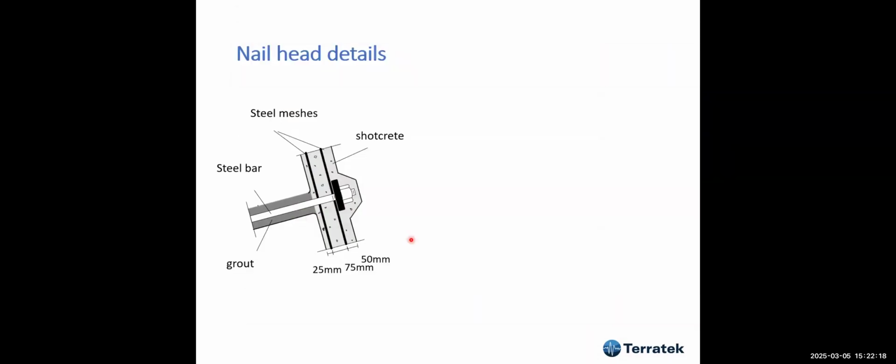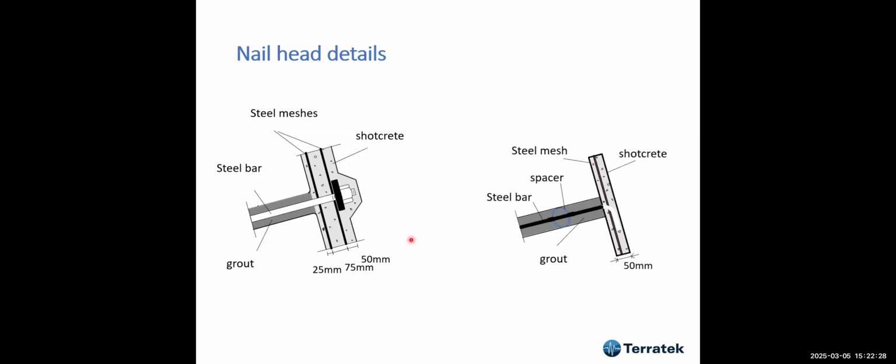And nail head details. These are nail head details, in this case with two meshes, steel bar, and shotcrete. Or it can be very simple. Sometimes with one steel mesh, the nail is bent like that, and we have a shotcrete layer, minimum of 50 millimeters.